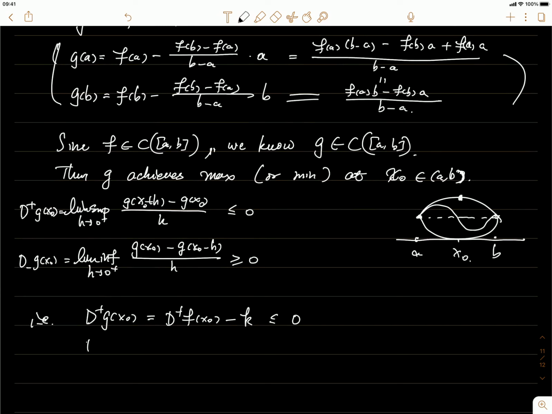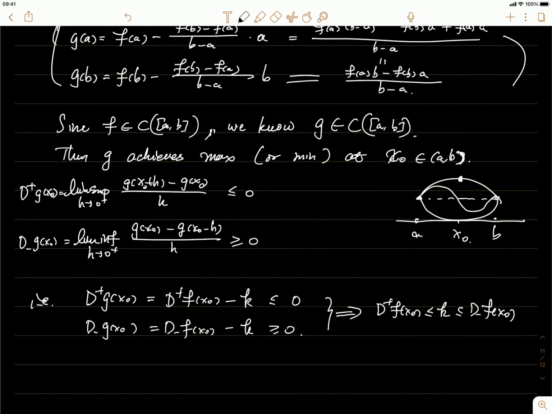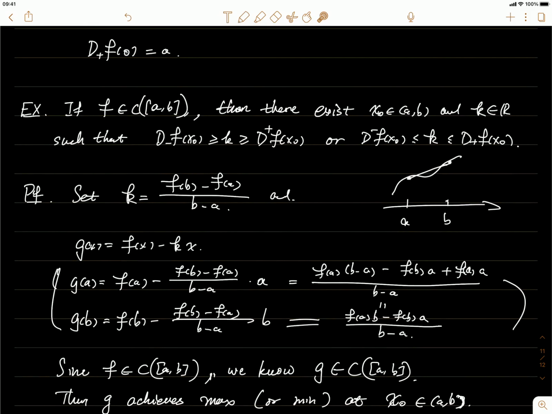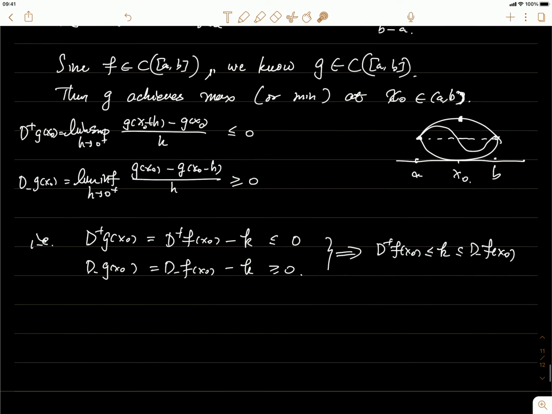On the other hand, the second one above means that D minus f minus k will be greater than or equal to 0. And these two together imply that D plus f of x0 is less than or equal to k, which is less than or equal to D minus f of x0. This is the case where x0 is a maximum. If it's a minimum, we'll get the other one. So that's the proof of this.